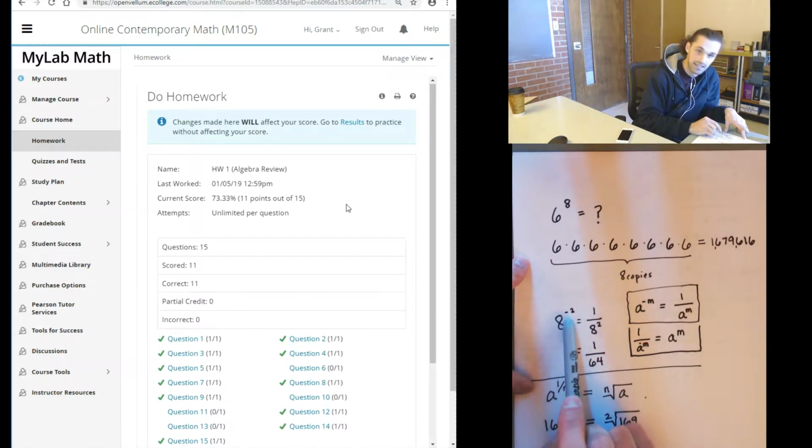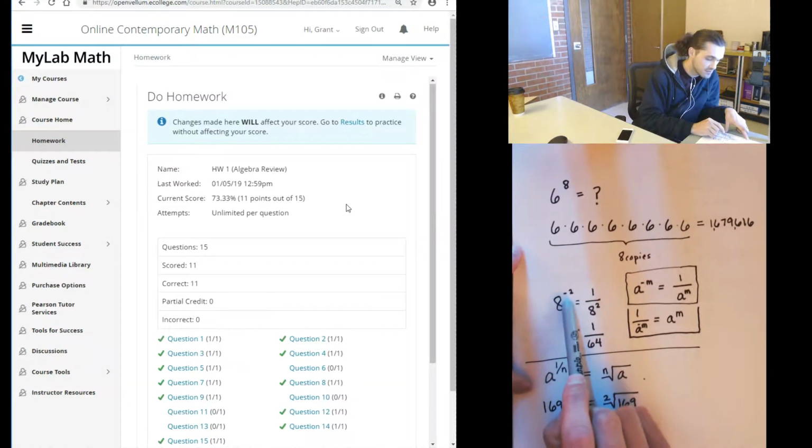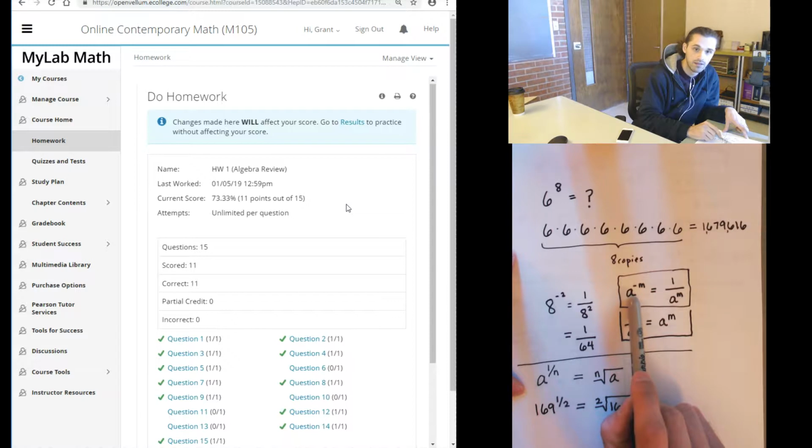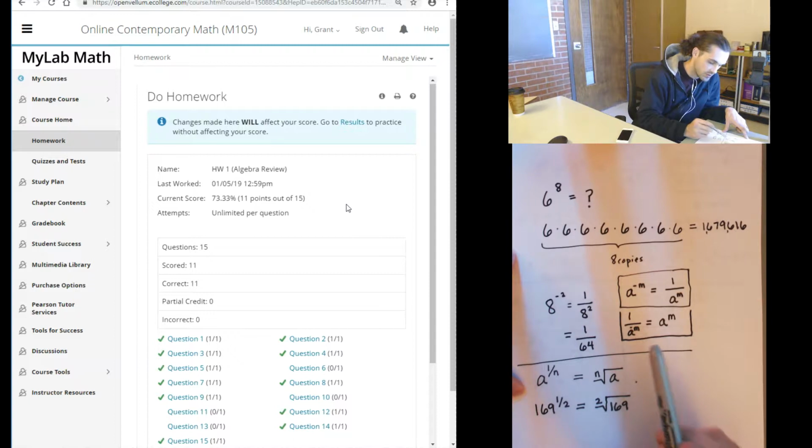When you're dealing with a negative exponent, that negative exponent can either come when your base is in the numerator position or when your base is in the denominator position. In either case, when you have a negative exponent, it says send it to the other side. So if you have a negative exponent in the denominator, it says send it to the numerator and make it positive.